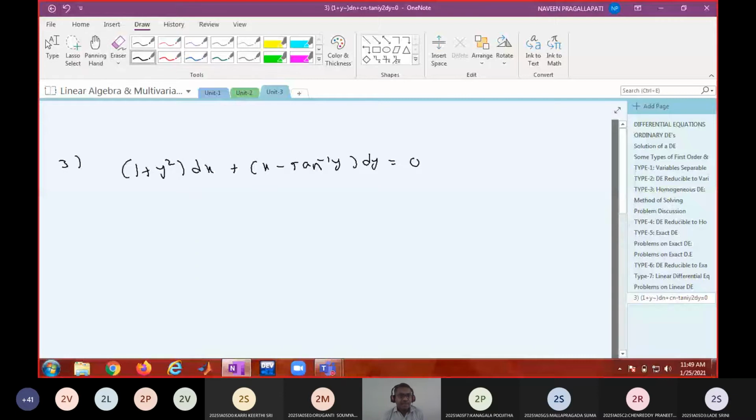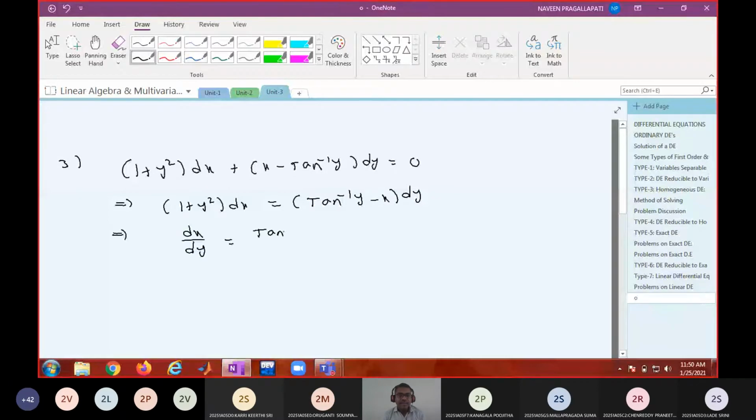Is that okay? So for that, what we'll do first, write it as 1 plus y square into dx is equal to, when you take the second term to right hand side, tan inverse y minus x dy. Now if I want to write it as dx by dy, so dx by dy is equal to tan inverse y minus x divided by 1 plus y square. How can I write this?